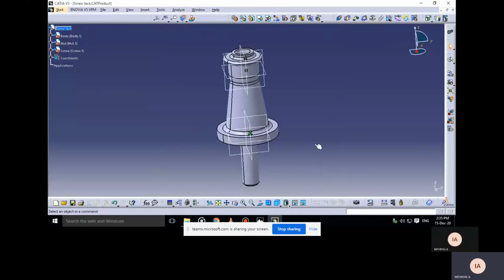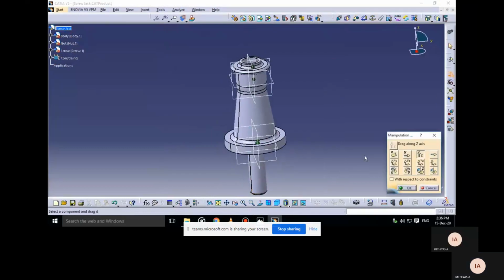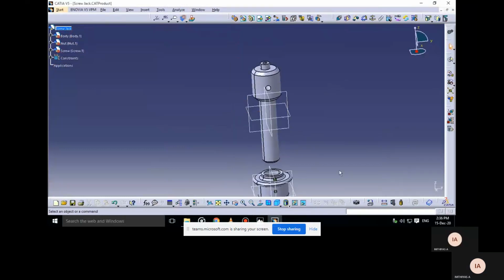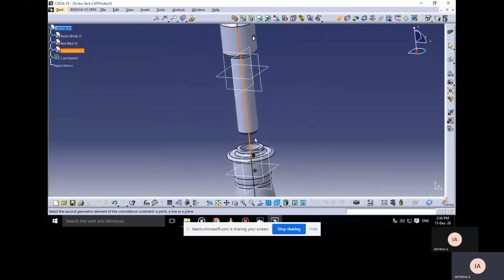is the screw, and again using the manipulation command, we can drag a part as well as make it fit by moving it along the axis.